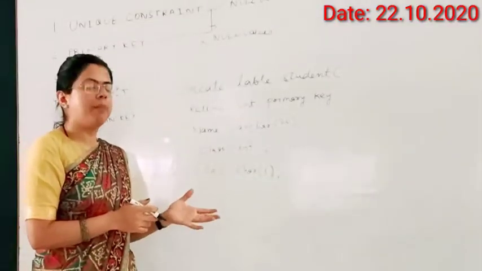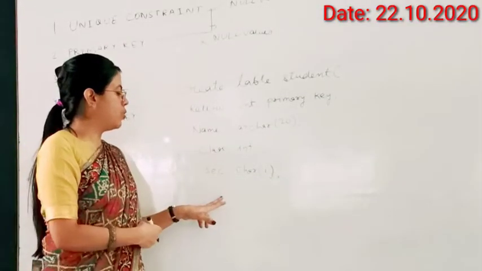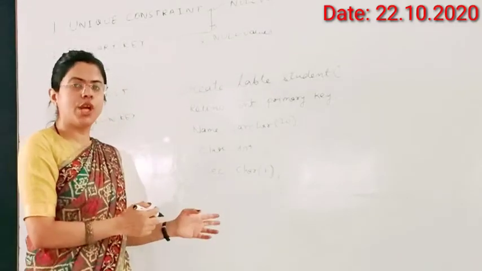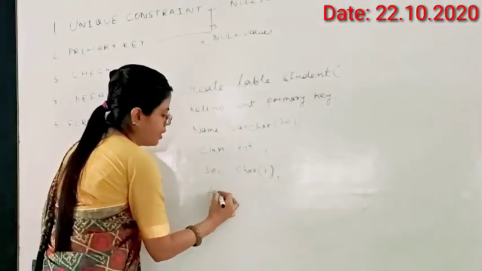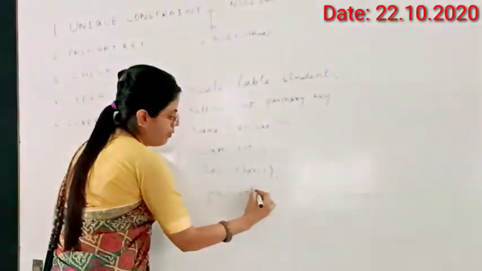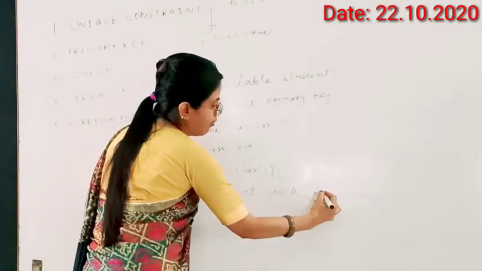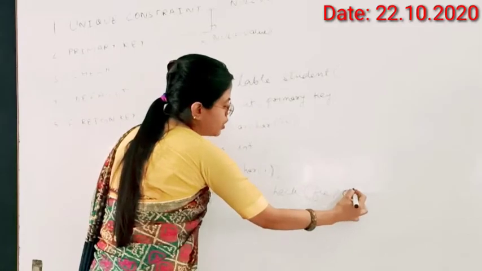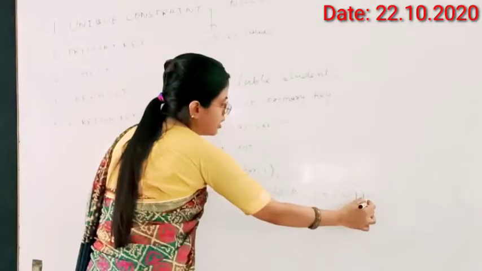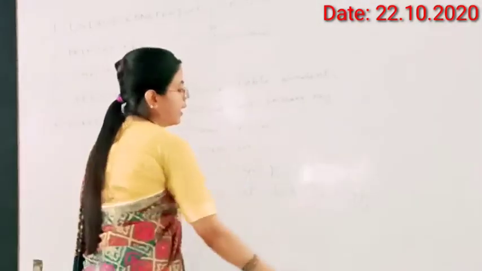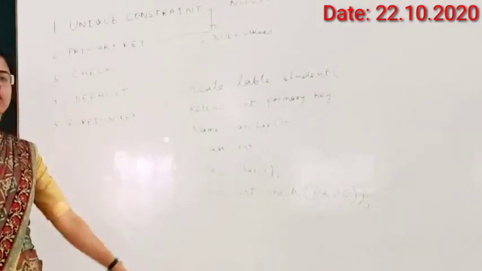So student, let me apply a different field. I am going to include a different field and I will write a check constraint here. So let me write here fee, and then the data type of the fee is integer, and then I will use a check constraint to check that the fee entered should have a value greater than 0. And then I have to close this bracket to complete my code and add a terminator here.